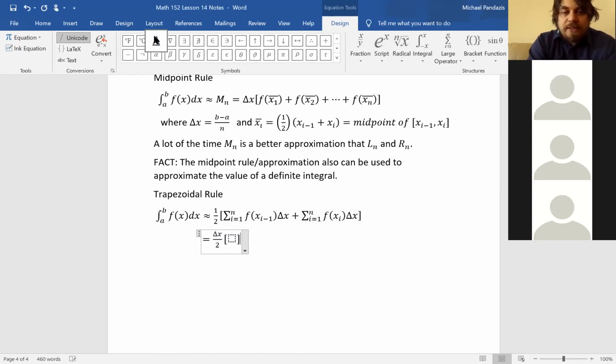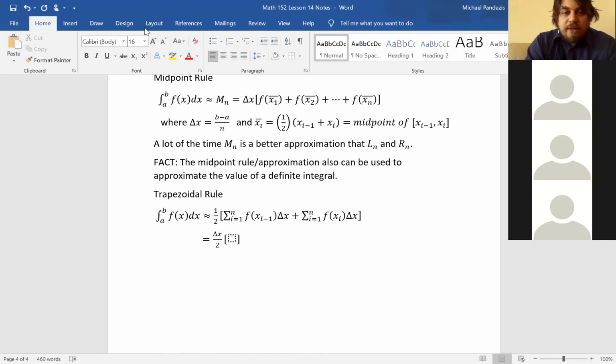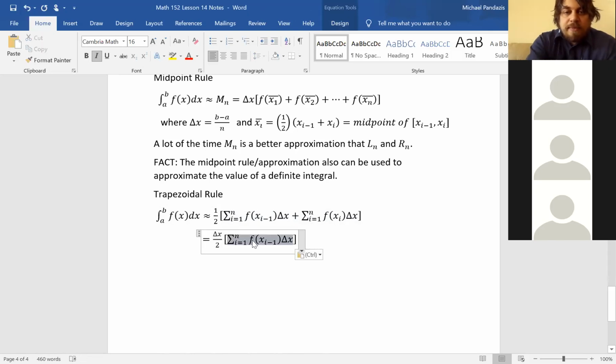And now the rest of it is we have this sum, where it's plus f of x sub i. So I'm going to put another parentheses here.